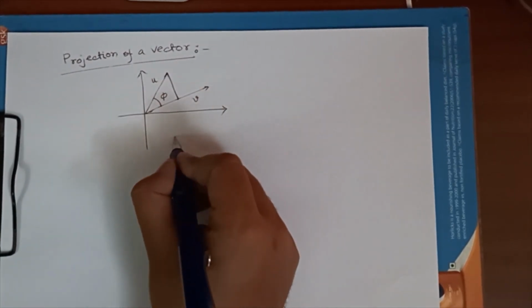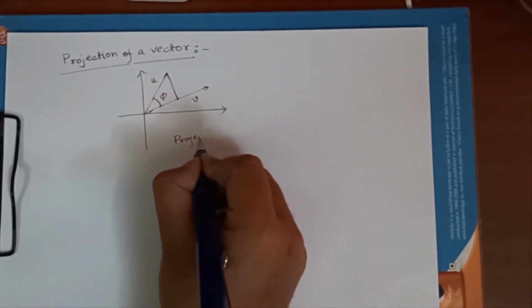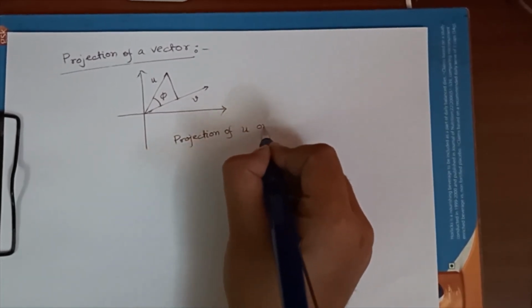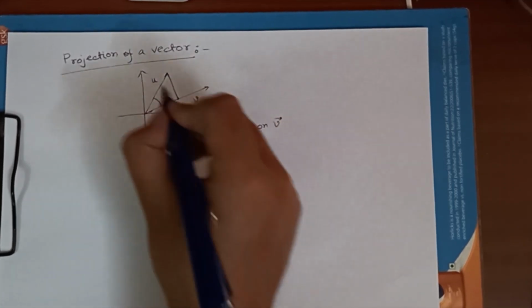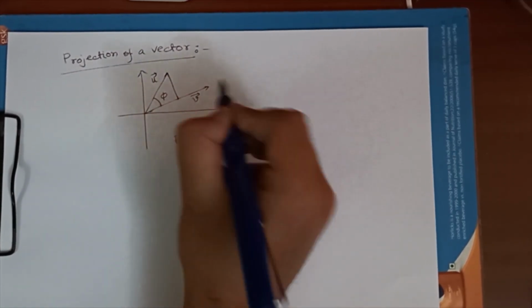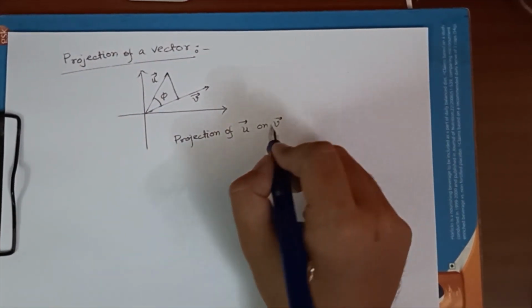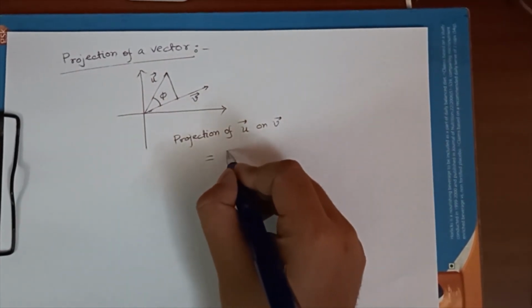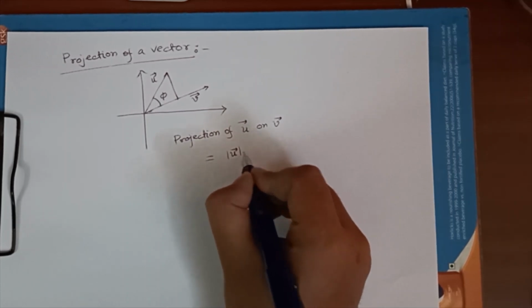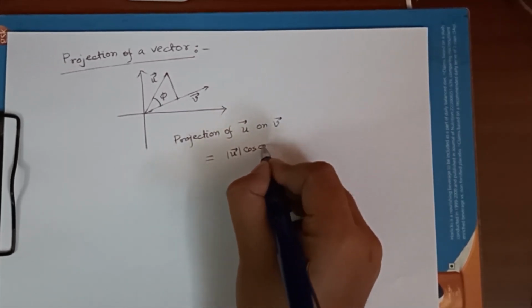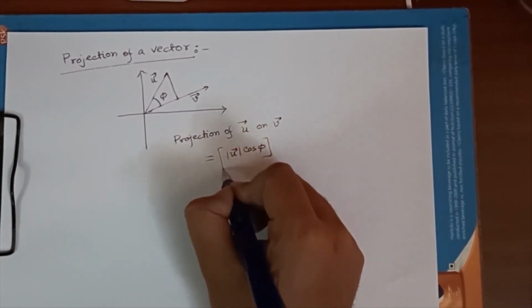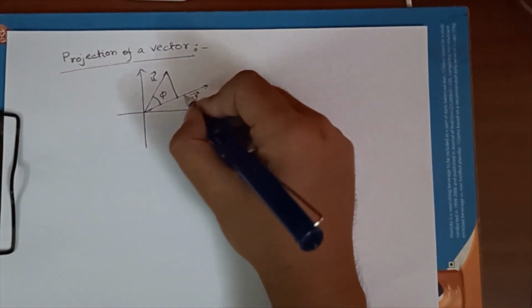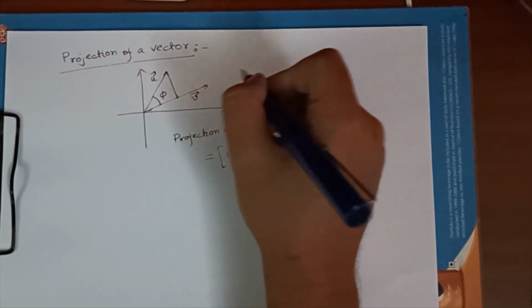So the projection of u on v, these are the vectors, so I am giving the arrow now, will be equal to the length of u cosine phi, but the direction will be towards v. So the unit vector towards v, what will it be?